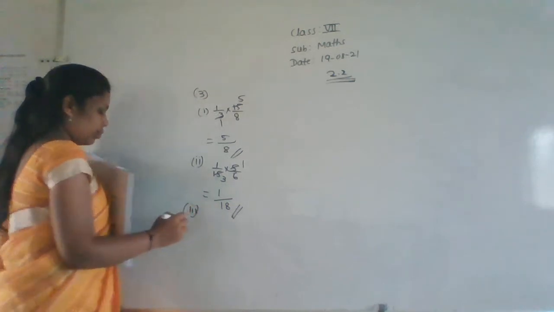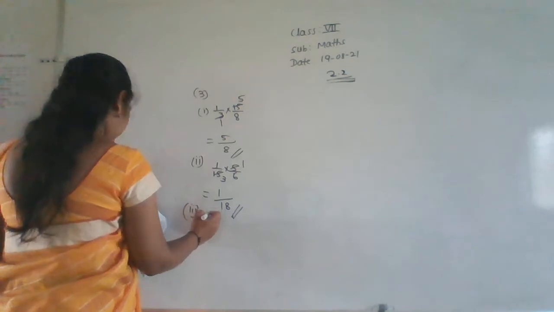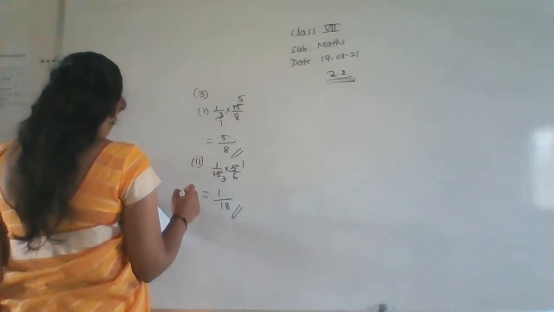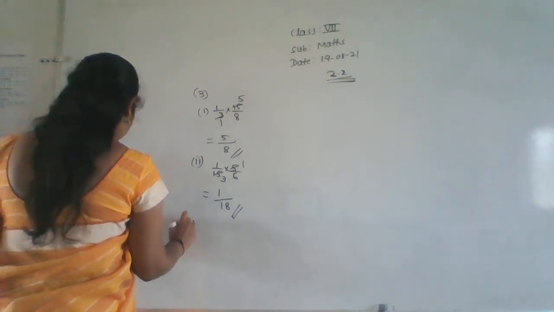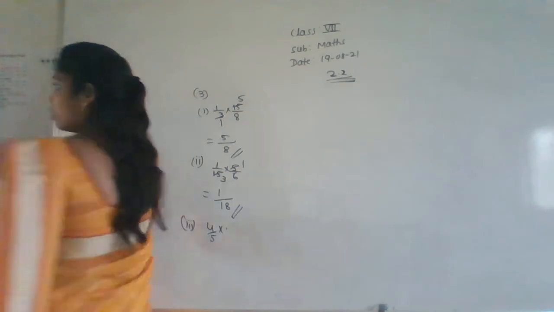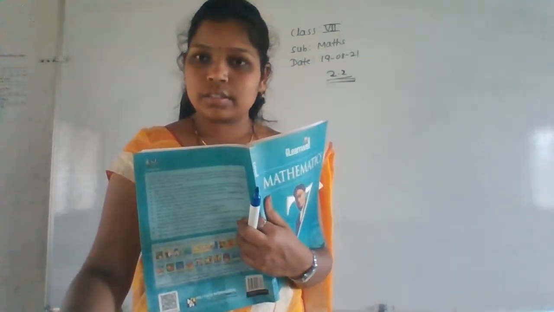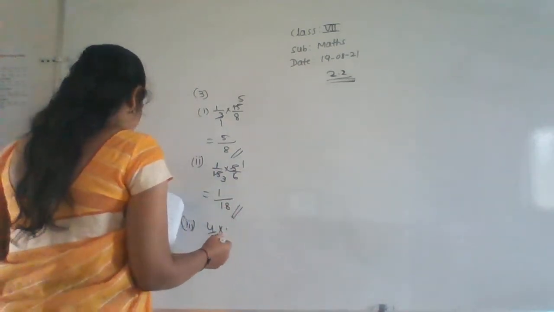Next, third one. What is the third one here? Third one, 4 by 5 into 12 by 7. See here.